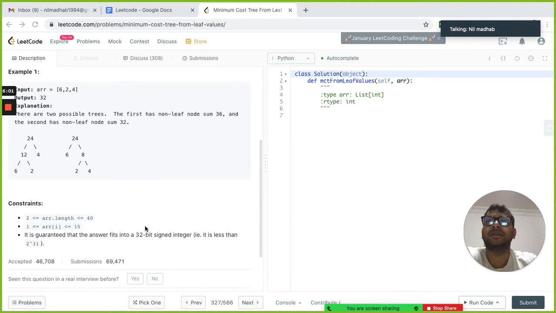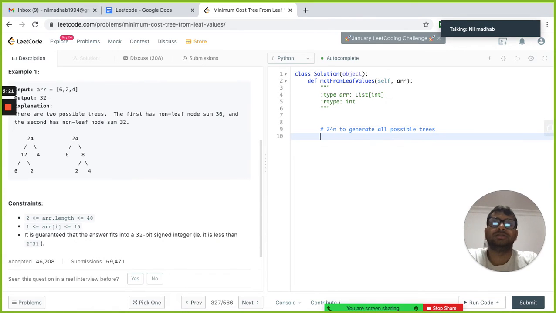And I think it will take 2 power n to generate all possible trees, which will be okay because n is 15, so 2 power 15 won't give you a timeout. No, the array's length is 40, so 2 power 40. 2 power 15 is not the limit, 40 is. Yes, 2 power 40 will give a timeout for sure.